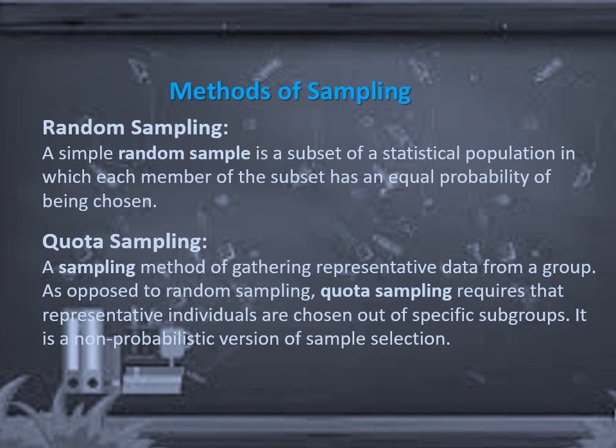So sampling is an important activity for any primary research, and it needs good understanding and expertise to comprehend which method you are going to implement and follow.